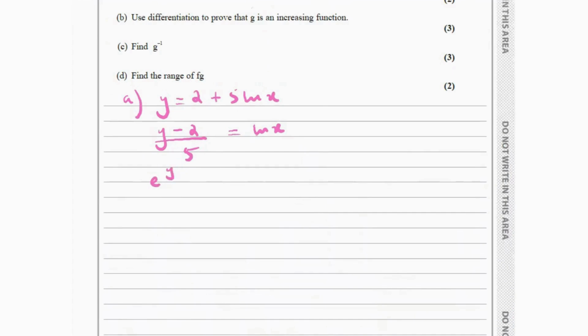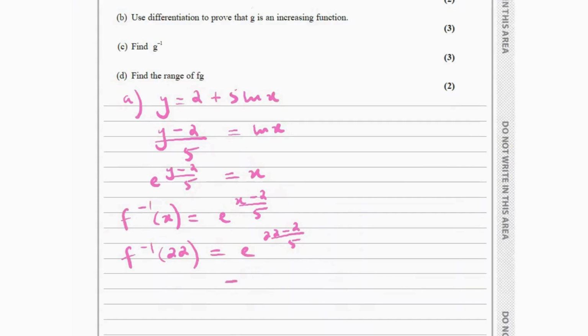So e to the power of (y minus 2) over 5 equals x, which means f inverse of x is e to the power of (x minus 2) over 5. So f inverse of 22 is e to the power of (22 minus 2) over 5, which is e to the power of 4. That is the value.